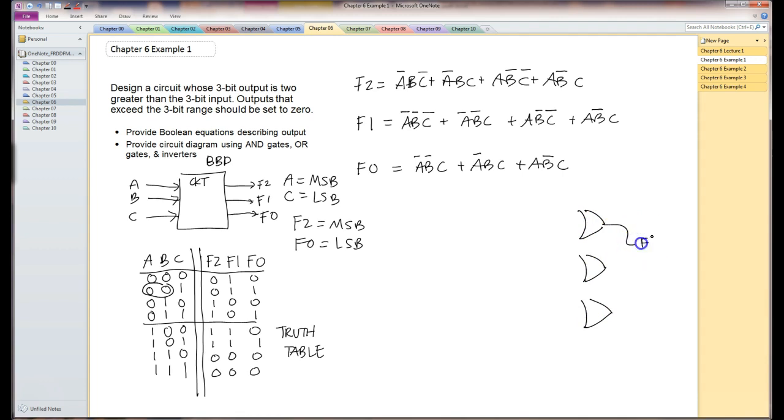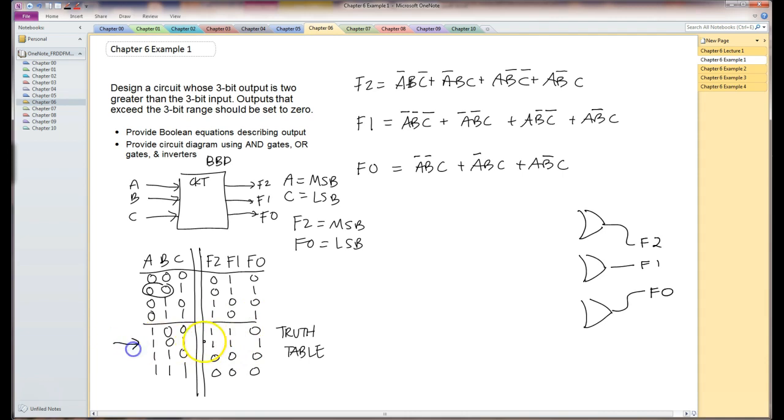This is F2, F1, F0, and these are the OR gates that OR all these terms together. Unfortunately, we have a ton of AND gates sitting back there. But one thing worth noting is that I can reuse these terms.